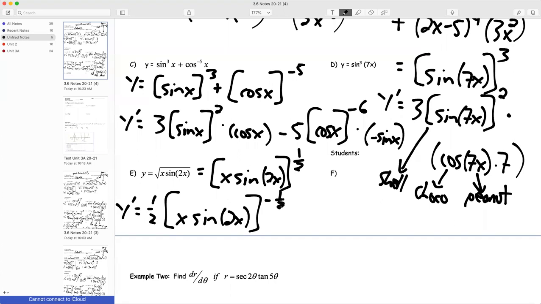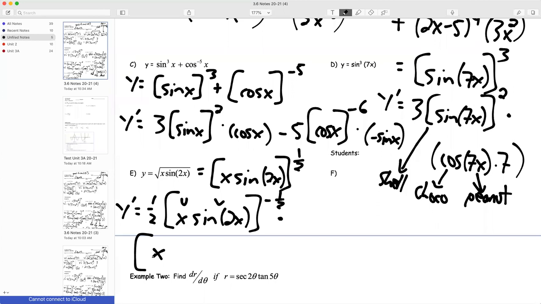And then I'm going to multiply by the derivative of what's inside here. And when I do that, look, I have x times sine of 2x. So I've got to do the product rule, my good friend. Okay, let me label them. U, V. So I've got my first term, which is x, times the derivative of sine of 2x.